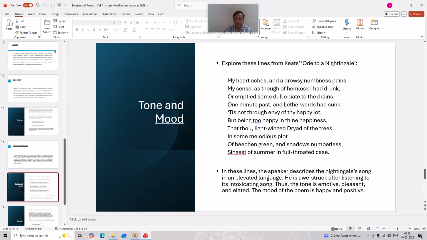The tone of this particular poem is emotive, pleasant, and elated. The mood of the poem is happy and positive.